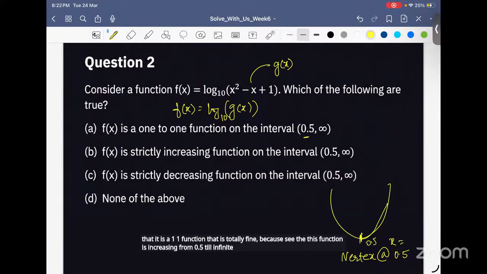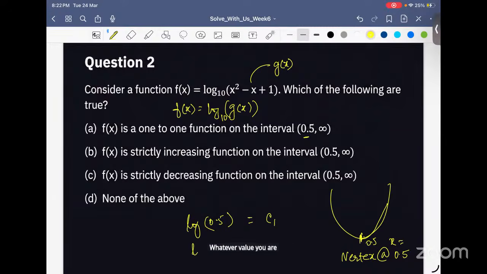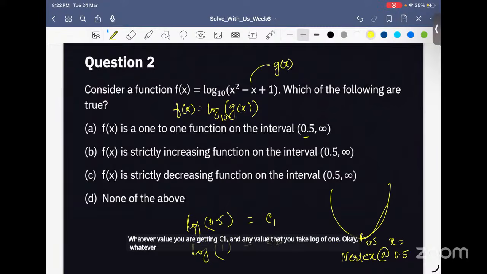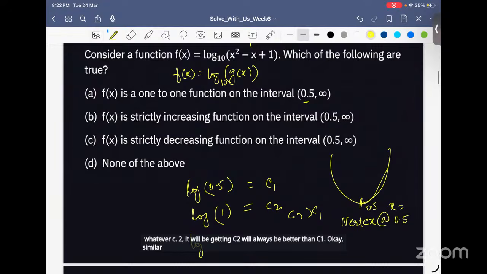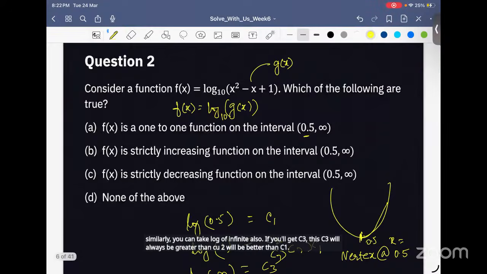So for sure the logarithm function will be increasing, because whatever value you get at 0.5, call it c1, and for any larger value, c2 will always be greater than c1. Similarly, if you take log of infinity and get c3, this c3 will always be greater than c2, which is greater than c1.